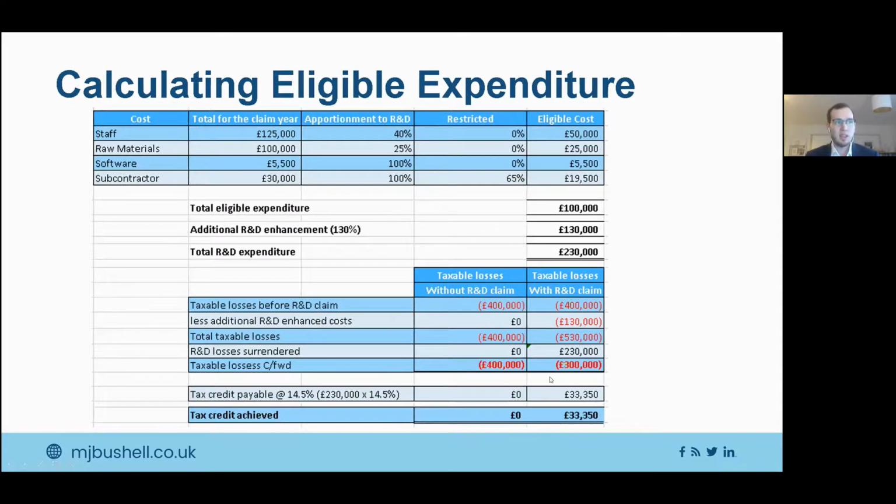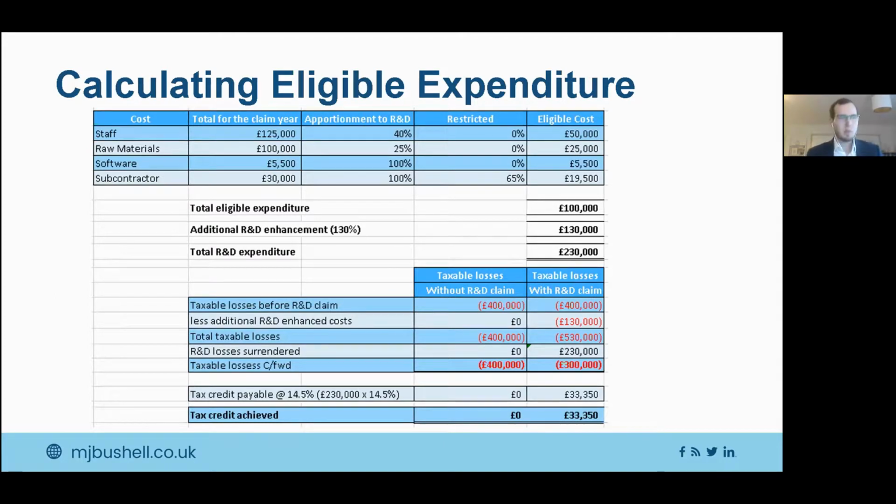You can see now that by surrendering those losses, the company only now carries forward £300,000 of tax losses instead of, without making a claim, £400,000. But instead of carrying forward increased losses, they've received this cash payout, which can improve the company's cash flow and help them continue to operate while they're in this loss-making position.